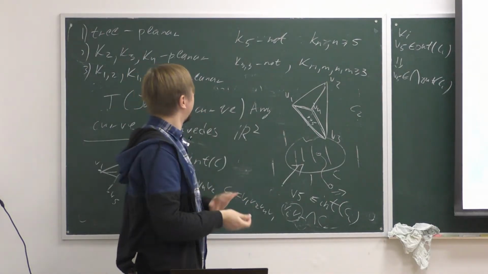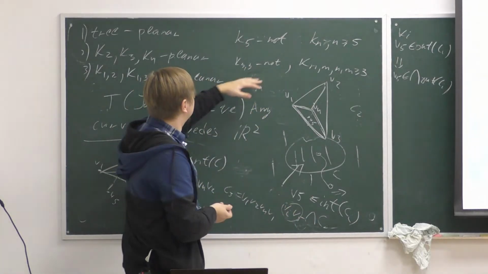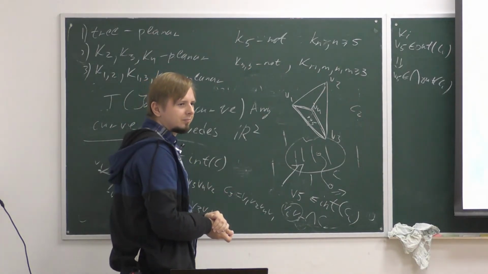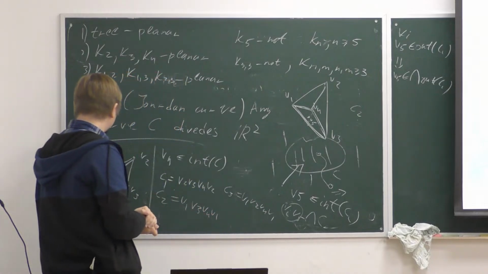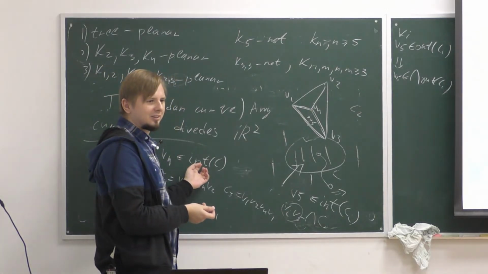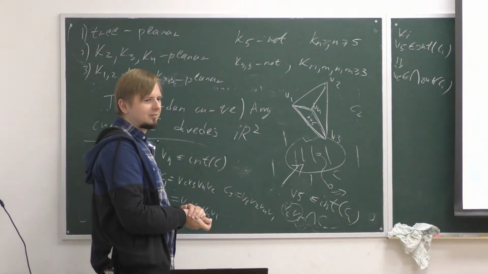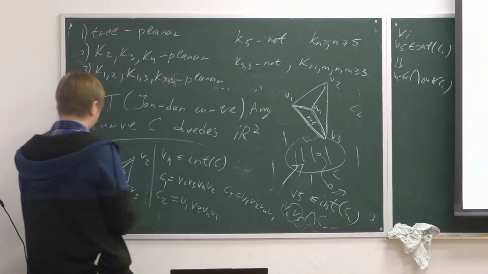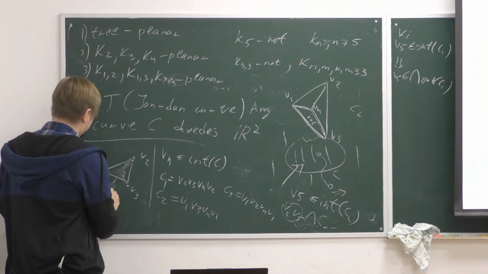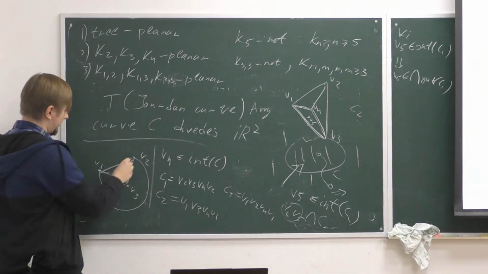In the same manner, if you want, you can practice just using this theorem for the case of K(3,3). We just change all inner parts to outer parts. Before, we considered three cycles.